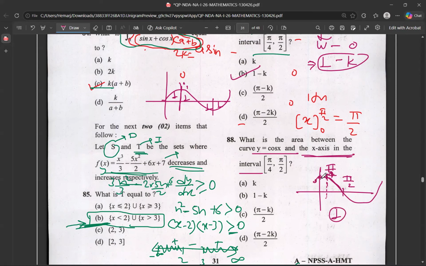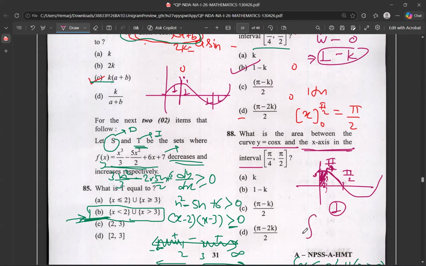But we are not aware of the area from 0 to pi by 4. So first, we have to integrate cos x from 0 to pi by 4. Then only can we find the area of cos x with the x-axis from 0 to pi by 4.